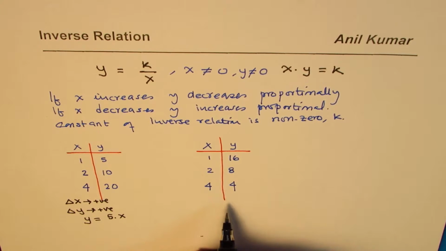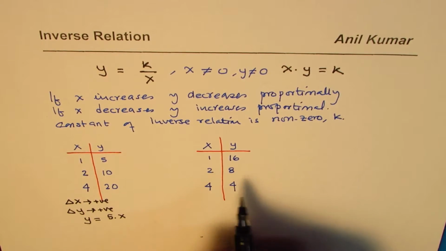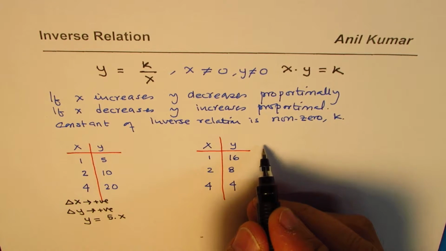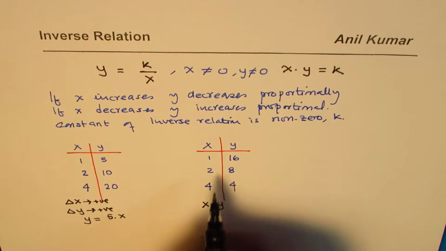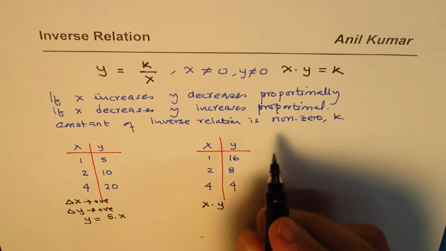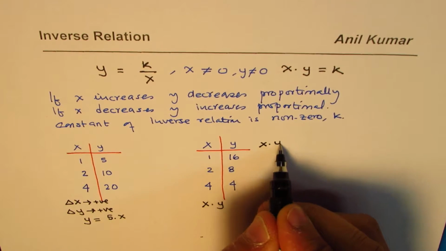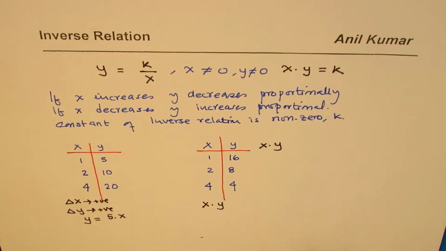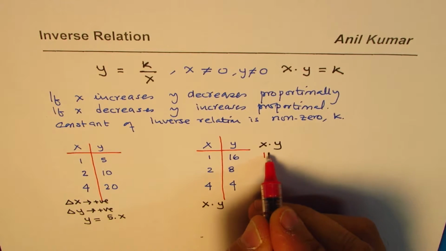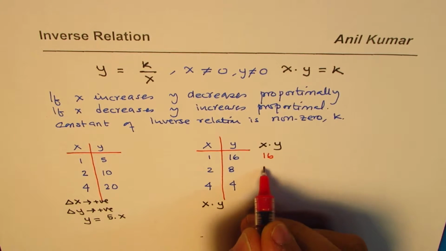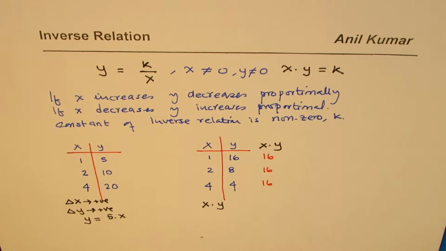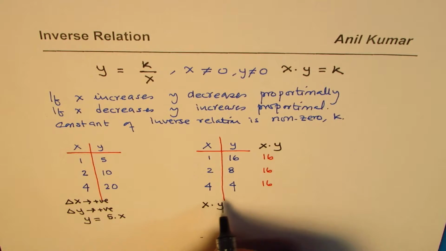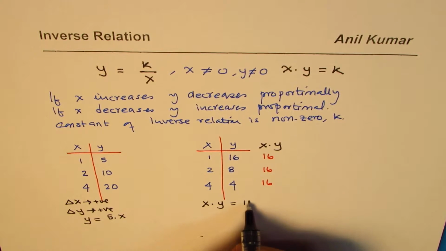How about here? Now in this particular case, we notice that if I multiply x and y, what do I get? If I multiply 1 and 16, let me make a column here. x times y is how much? So if I multiply 1 and 16, I get 16. If I multiply 2 and 8, I again get 16. 4 times 4 is again 16. That is to say that x times y is always 16.